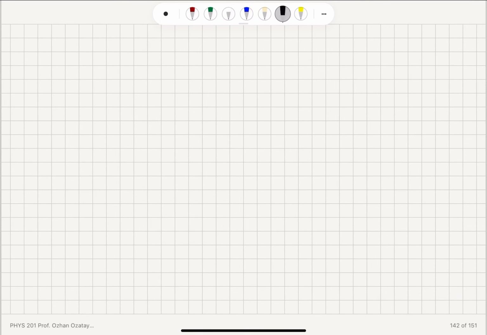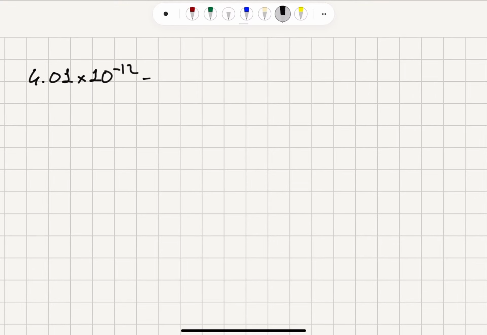So we will solve for x from this equation. So this gives us 4.01 times 10 to the minus 12 minus 4.01 times 10 to the minus 11 x. Let's not use this cross here because we have an x. And then we have plus 6.37 times 10 to the minus 11 x, and this is equal to 6 picofarads, 6 times 10 to the minus 12.